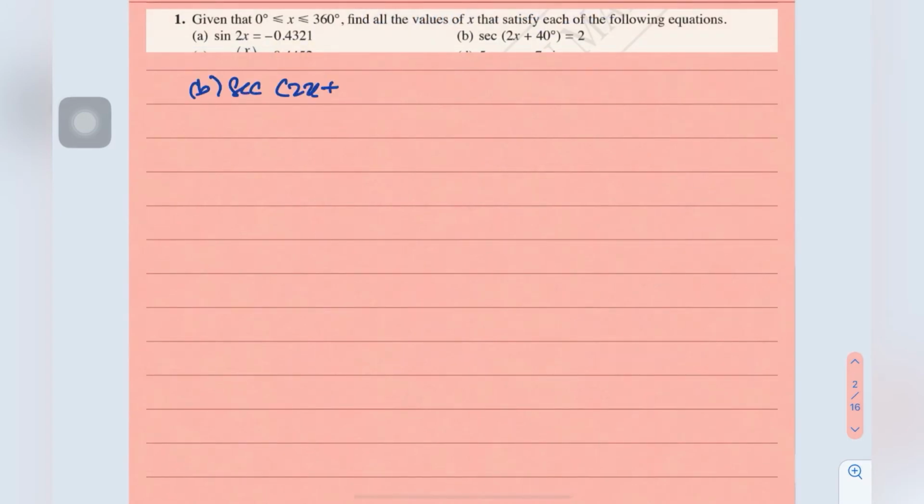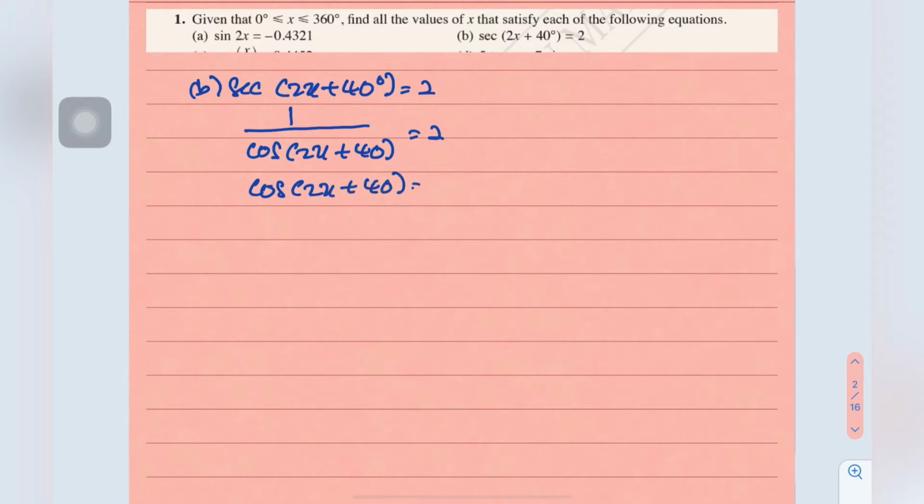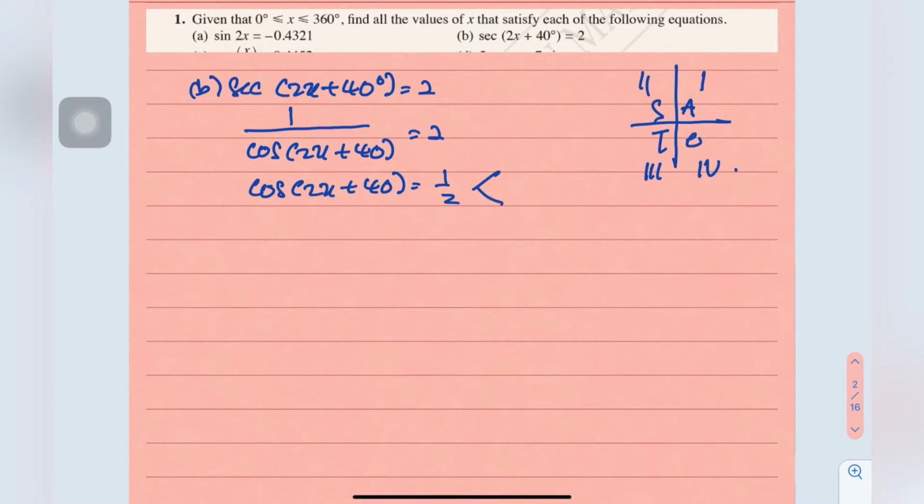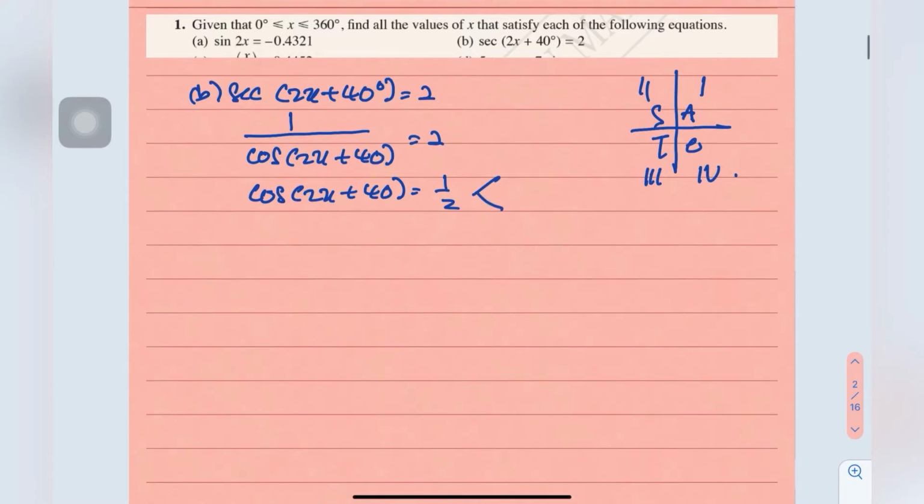B, secant of 2x plus 40 degrees equals 2. We need to convert secant into cos. So cos of 2x plus 40 equals 1 over 2. Using ASTC, add sugar to coffee, quadrant 1, 2, 3, 4, cos is positive in quadrant 1 and quadrant 4.